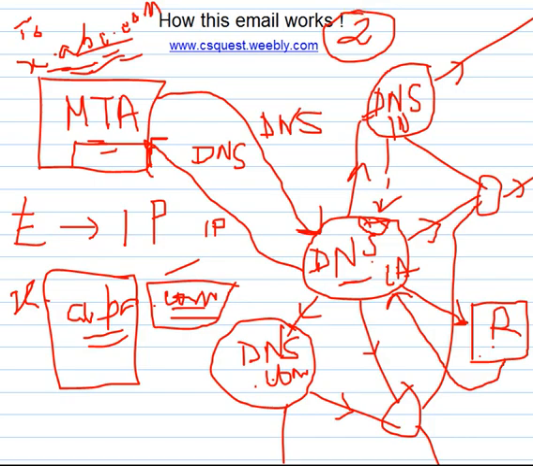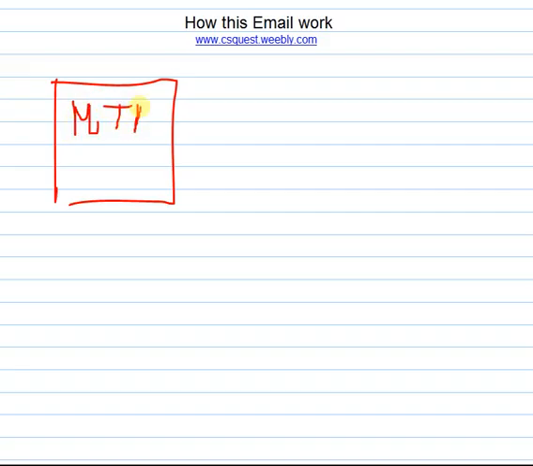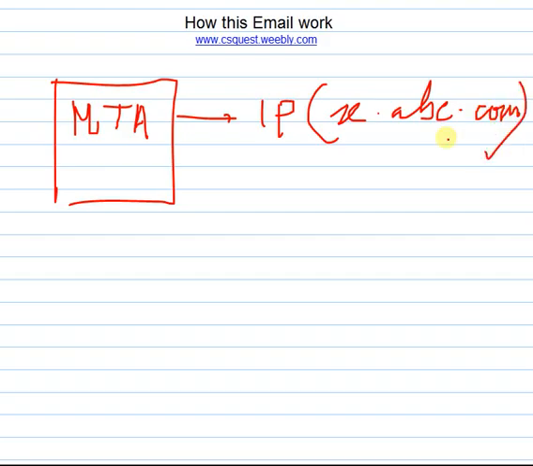Now the MTA has the IP address regarding that email address. Suppose you have written x at abc.com. Now what will it do?